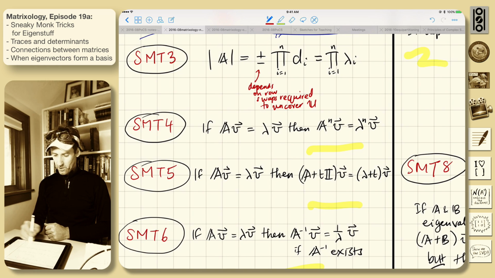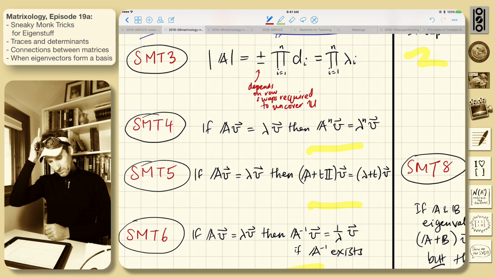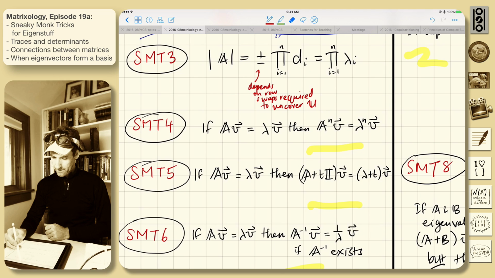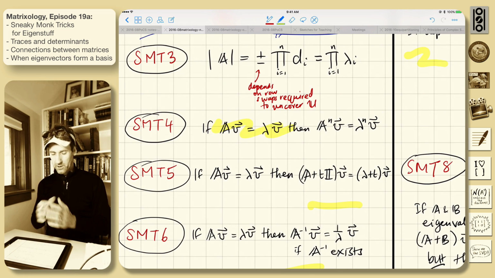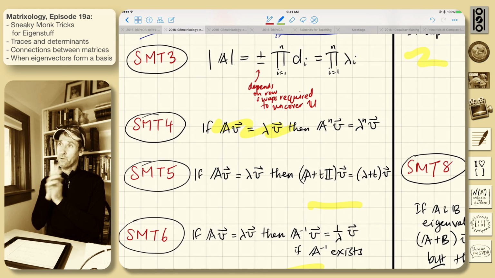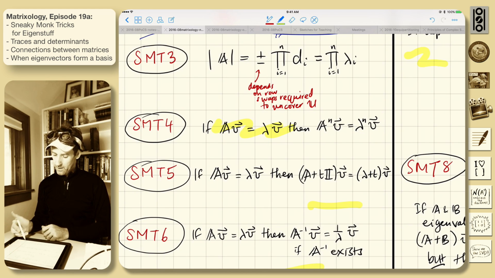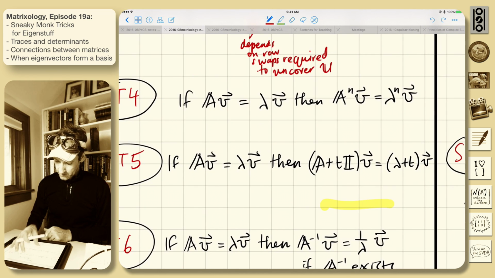So this is true. We have a sequence of these sorts of things. If A times V, right, so if V is an eigenvector of A with eigenvalue lambda, then V is also an eigenvector of A to the power of n with eigenvalue lambda to the n. You just repeatedly try this, right?